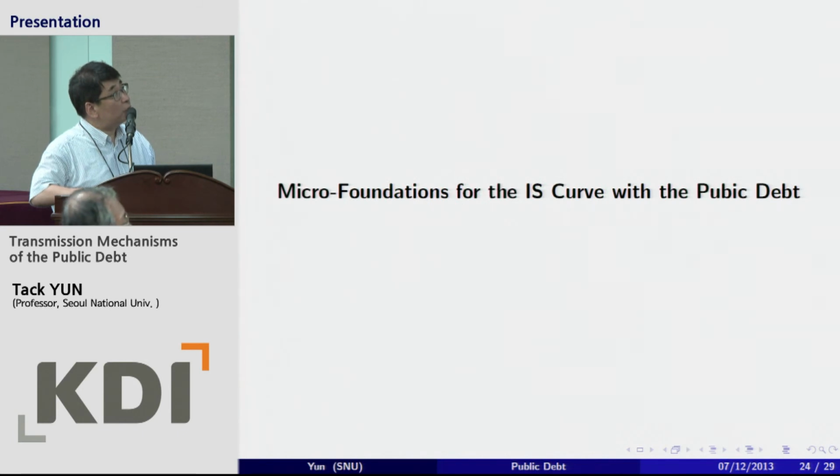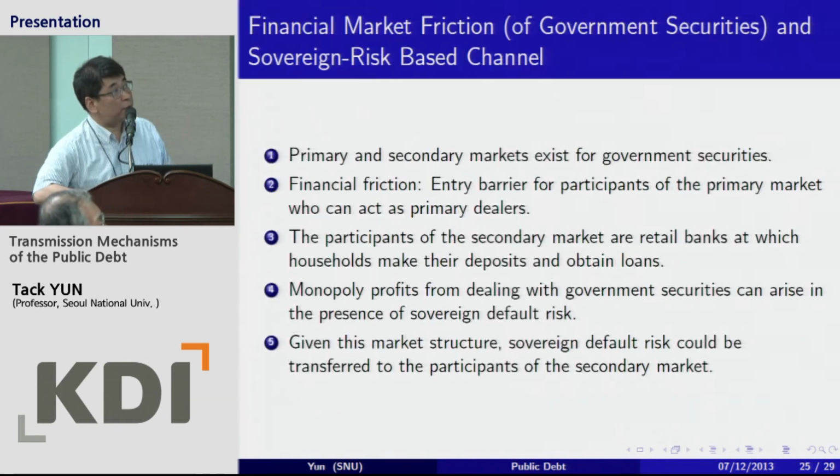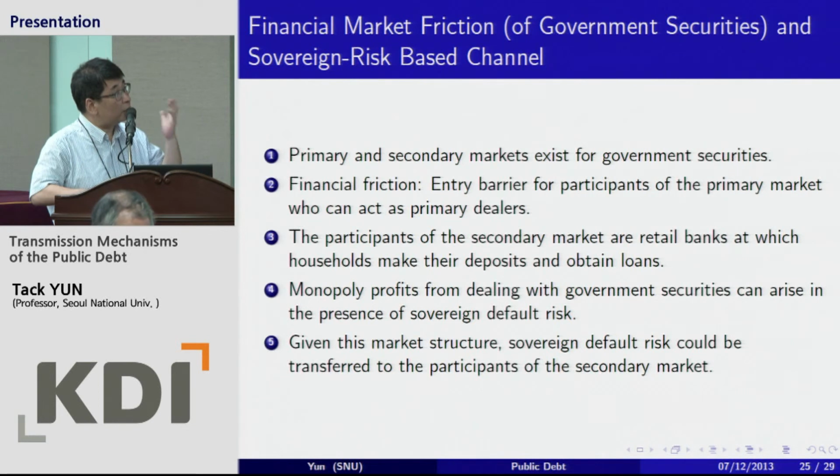And then, what would be the micro foundation for the IS curve with public debt? There are a bunch of different mechanisms that give rise to negative public debt in the IS curve, but I just want to introduce one case here: financial market friction. There are primary and secondary markets for the government securities. What is the financial friction? There is an entry barrier for participants of the primary market who can act as primary dealers.